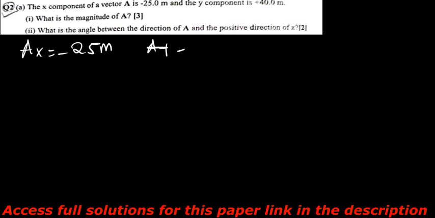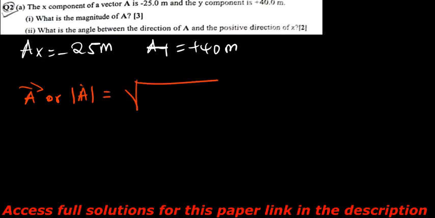It is positive 40 meters. Of which I know that for me to find the magnitude of any vector, we put an arrow on top or you put it in modulus like that. So you choose.